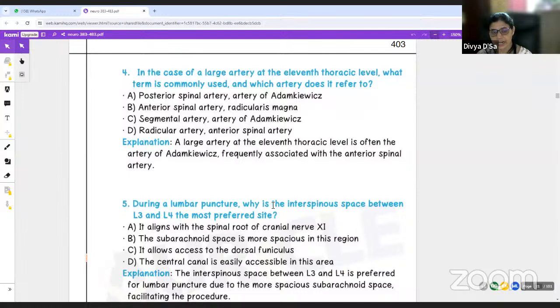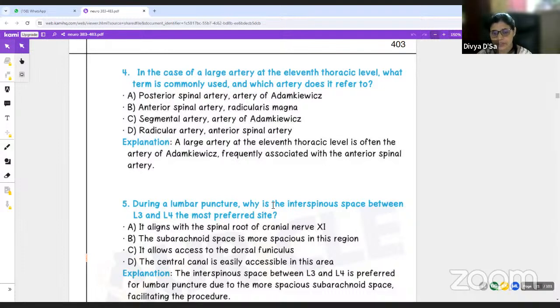Then segmental arteries, which is otherwise called the artery of Adamkiewicz. And there is radicular artery, which is a branch of anterior spinal artery. Okay. So a large artery at the 11th thoracic vertebra, we usually call it the artery of Adamkiewicz. Okay. So this is where we see it in the supply of the spinal cord.